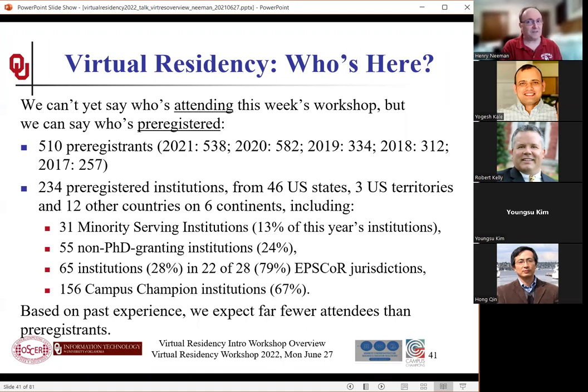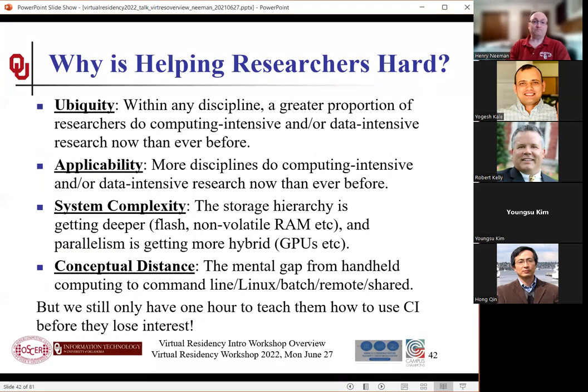That went up a little bit because we got a couple more. And that's from almost all the US states and territories, plus 12 other countries. Of course, far fewer people will actually attend than sign up. There are always people who sign up and then aren't able to come. That's fine. But we certainly hope that as many as possible do.